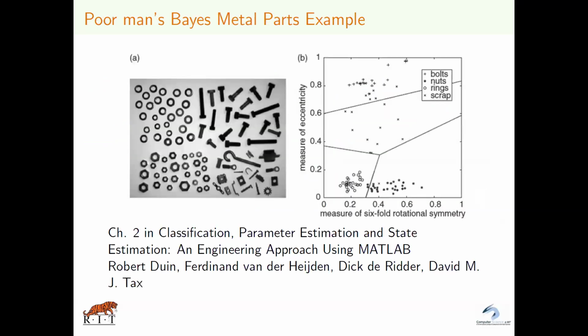So yeah, this is the homework. In the homework, you will have two problems. One, to implement naive Bayes classification for spam, another to classify the metal part. So this is a data set.